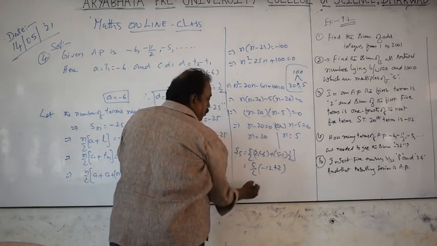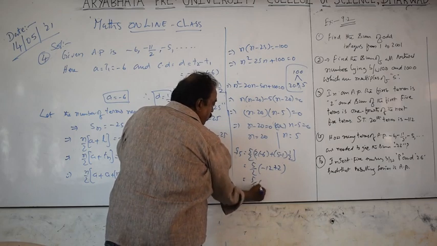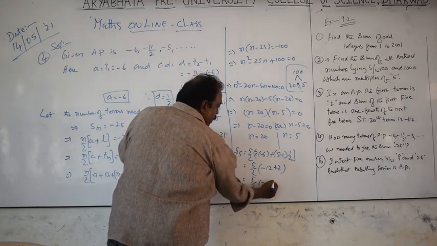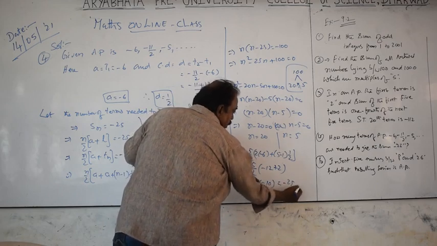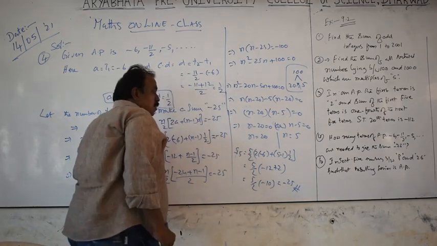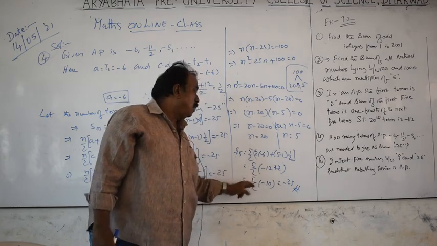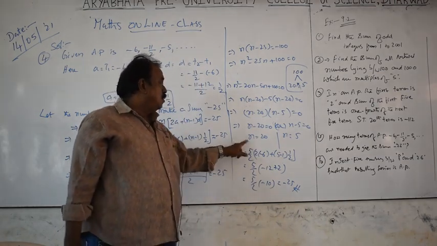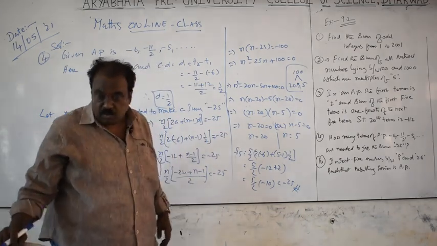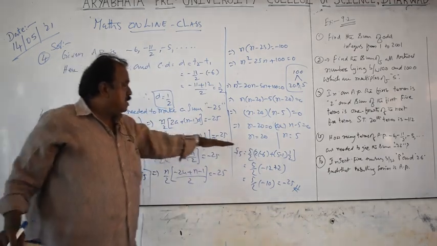It is 5 by 2 minus 10. It is minus 25. Okay? Like that. Is it possible to get it for 20? We will verify, but it is not needed.